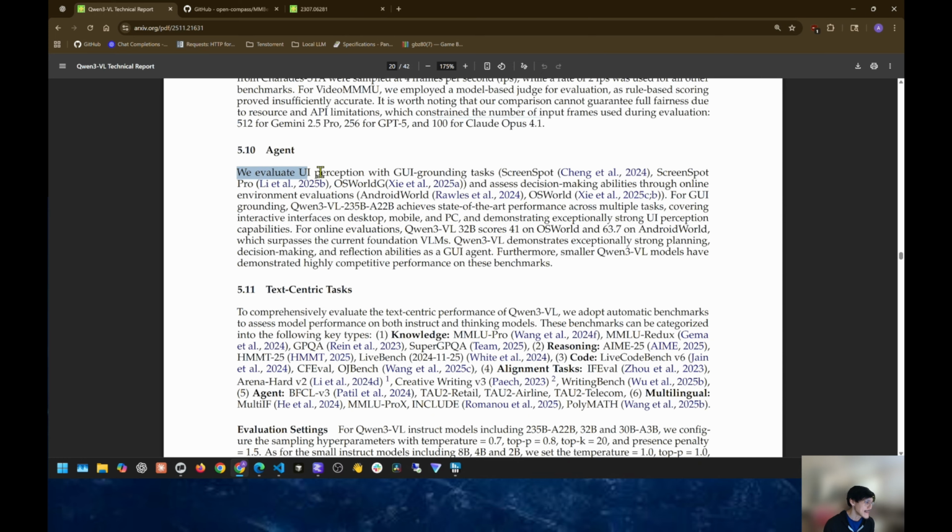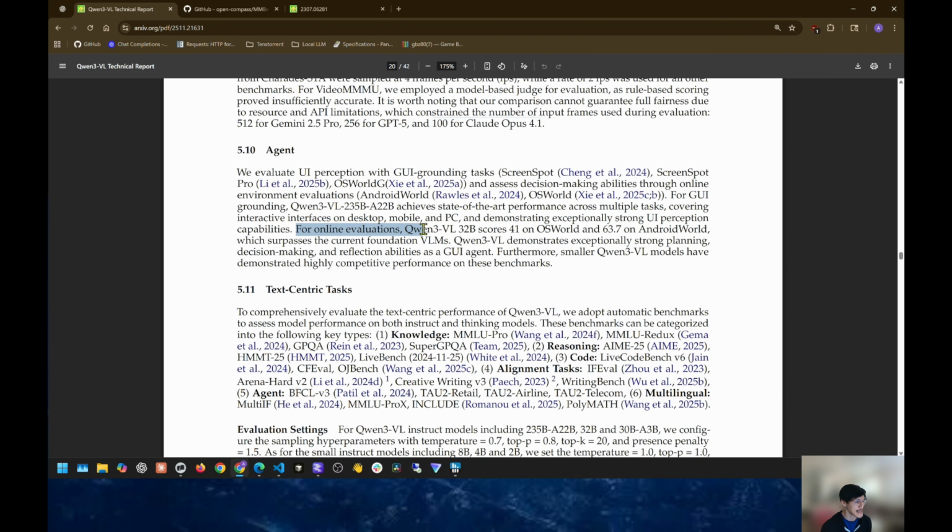Agents. We evaluate UI perception with GUI grounding tasks using ScreenSpot Pro and OSWorld-G, and assess decision-making abilities through online environment evaluations, AndroidWorld and OSWorld. For GUI grounding, Qwen3-VL-235B-A22B achieves state-of-the-art performance across multiple tasks, covering interactive interfaces on desktop, mobile, and PC, and demonstrating exceptionally strong UI perception capabilities.